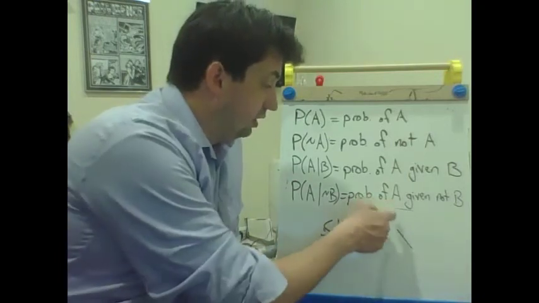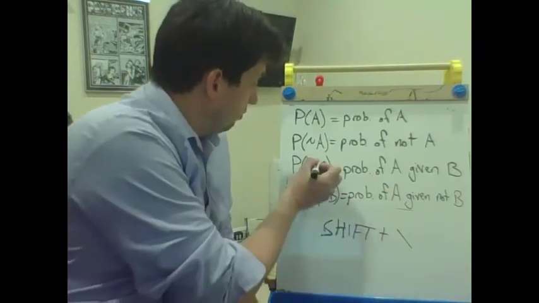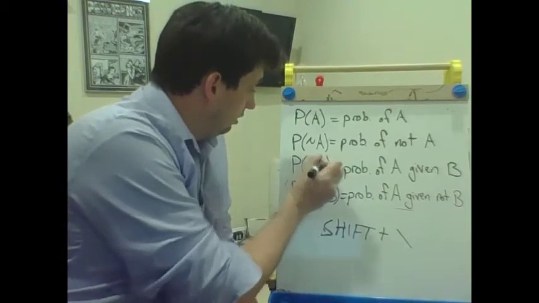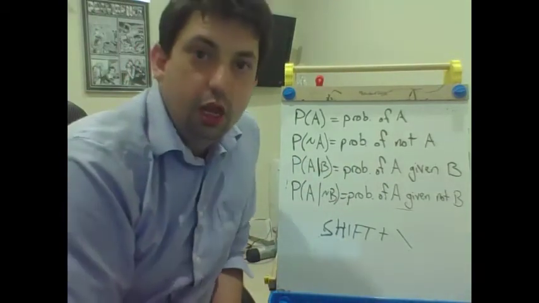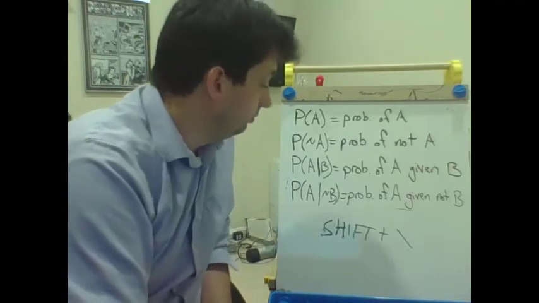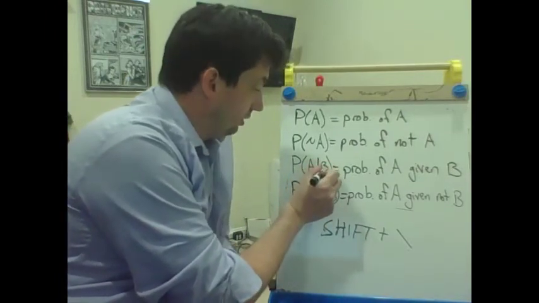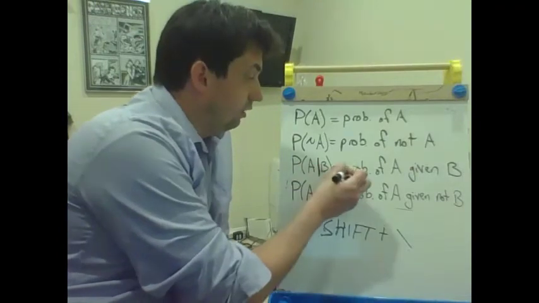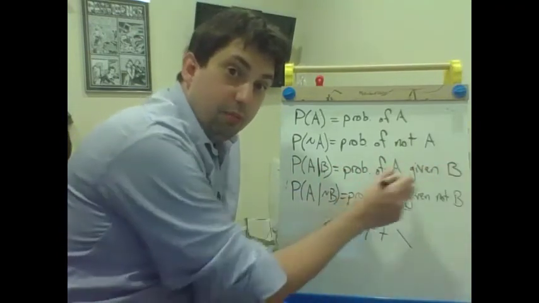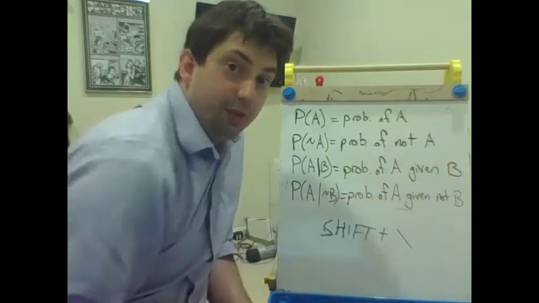You can see it's a slash button, and above that slash button there's this vertical line. That means conditional. So if you do A vertical line B, that's the probability of A given B. Probability of A assuming B happens.